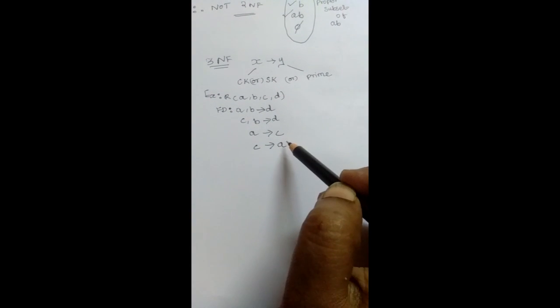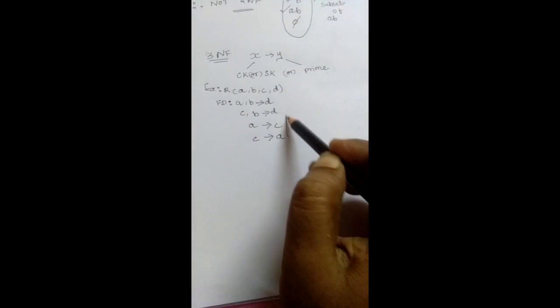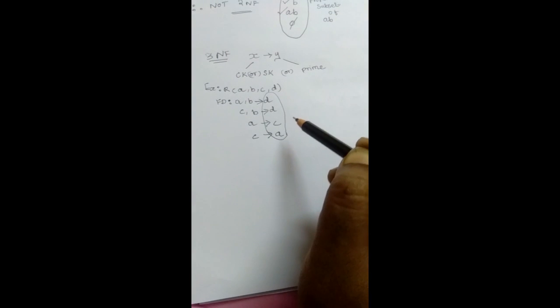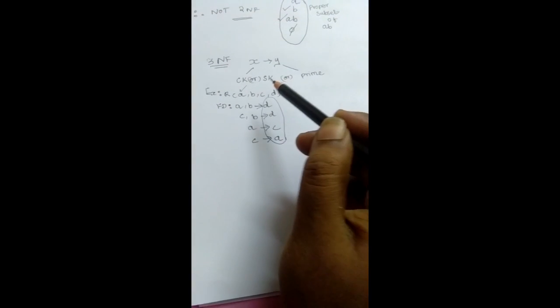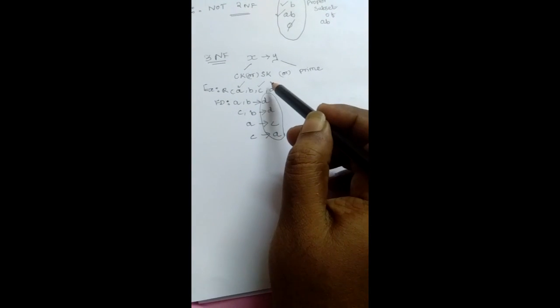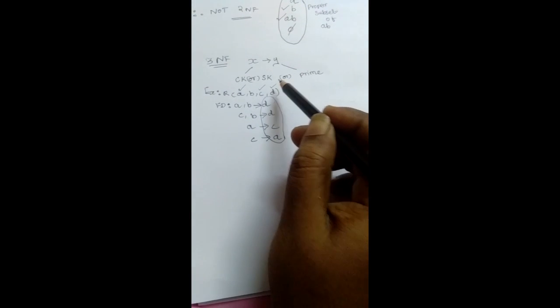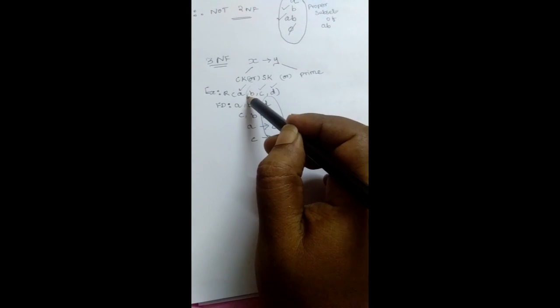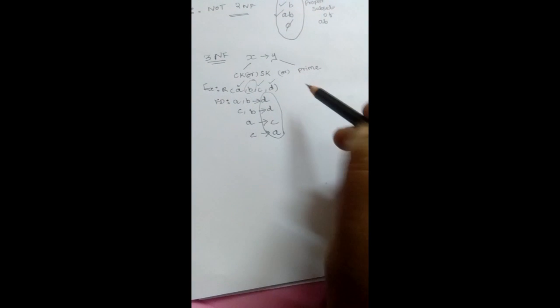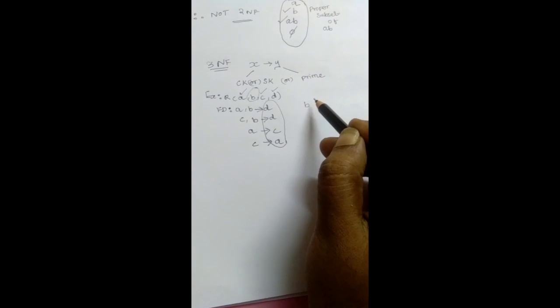To identify the candidate key, consider the right hand side part: A is available, C is available and D is also available. Remaining we have only one attribute, B.